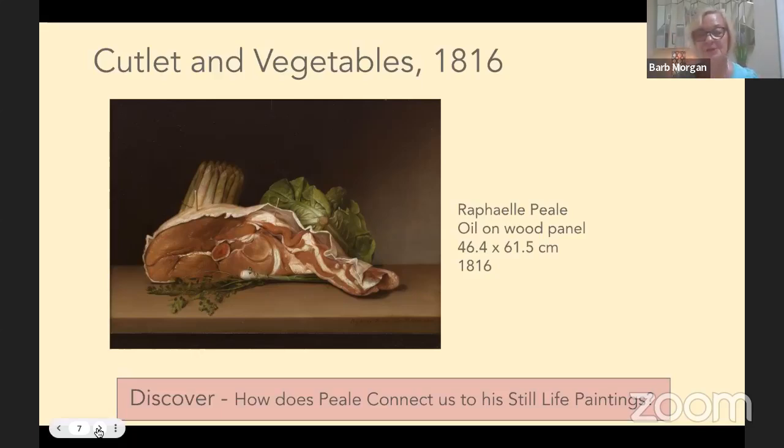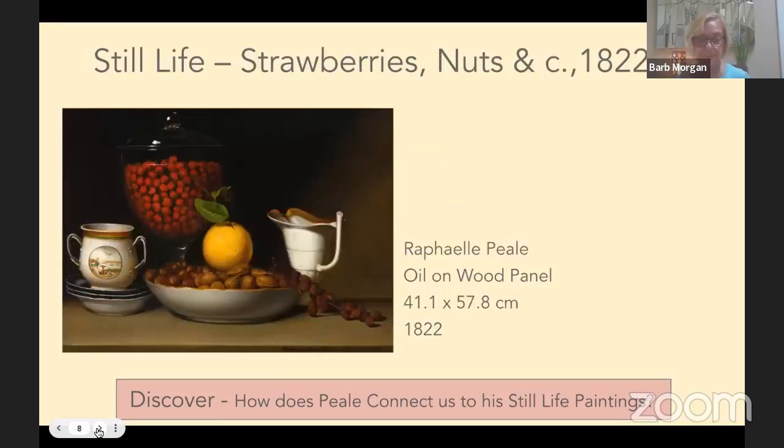Now we'll continue to consider the question, how does Peale connect us to his still life paintings, in the last one we're going to look at? This one is at the Art Institute of Chicago.